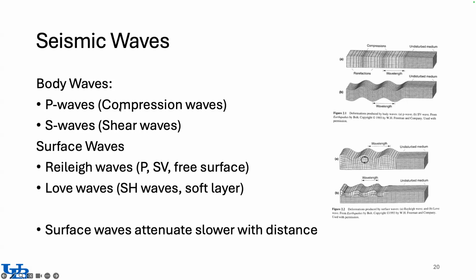That's because they travel much faster compared to the S waves. That's because most materials exert higher resistance in compression and extension versus shearing, and that translates to higher compression velocity as opposed to shear wave velocity.